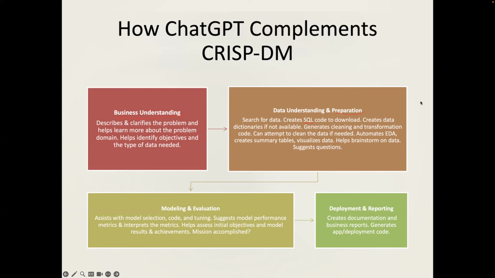At other times, it will generate the cleaning code and transformation code. It will figure out the problems with the data: missing values, typos, extreme values. So it will help you. And it can write code in Python or R, also Excel.